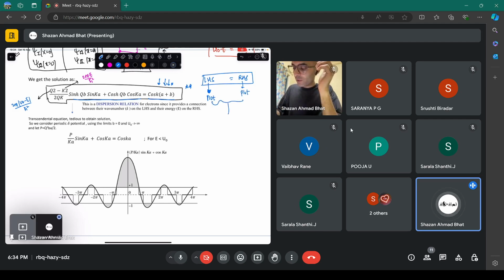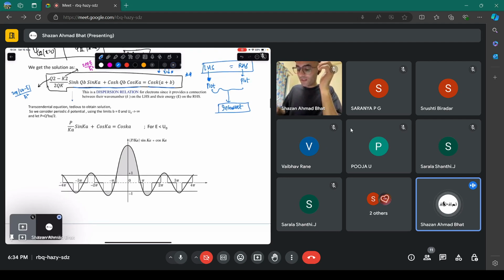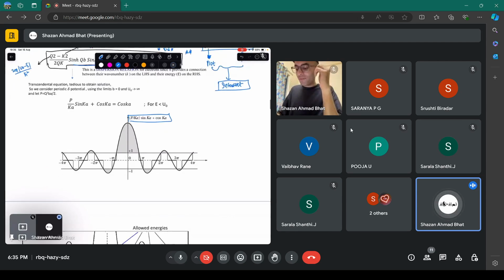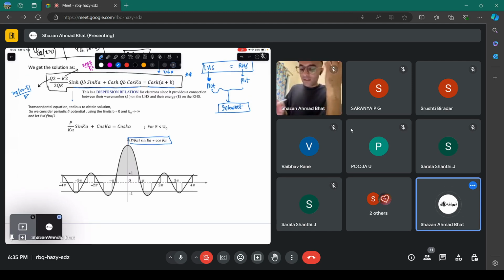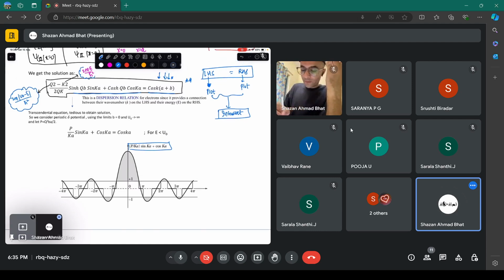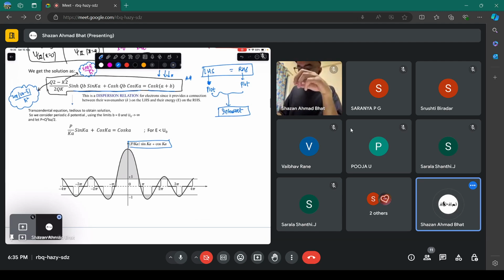Wherever these two plots intersect, you get the values of the energy versus the particular k value. And that is how you arrive at the dispersion relation, because the energy is embedded in the q values and the k values. All you need to do is open up those q and k values and plot them.